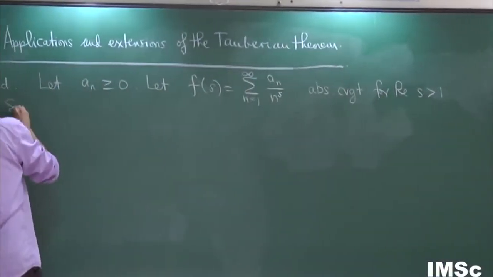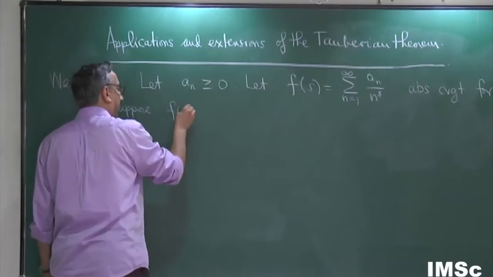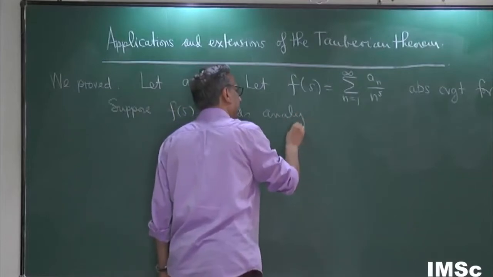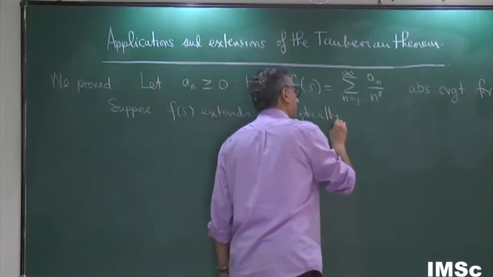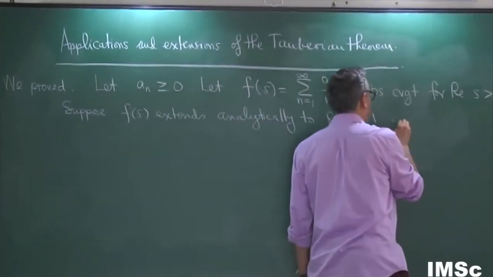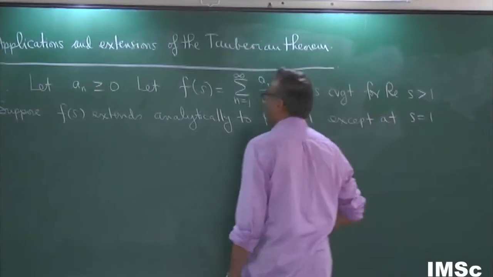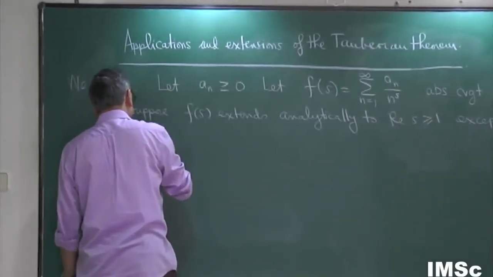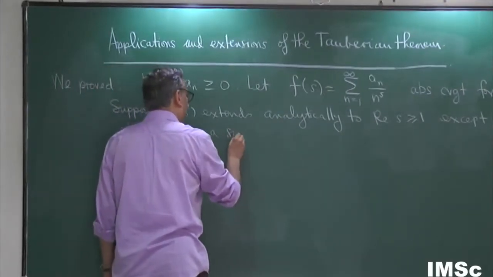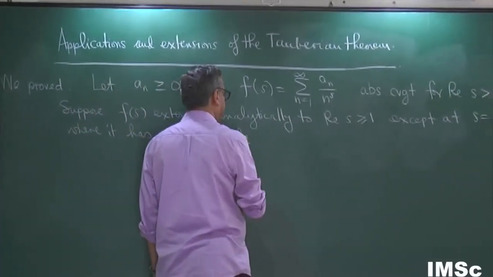Suppose f of s extends analytically to real part of s greater than or equal to 1, except at s equals 1, where it has a simple pole with residue 1.